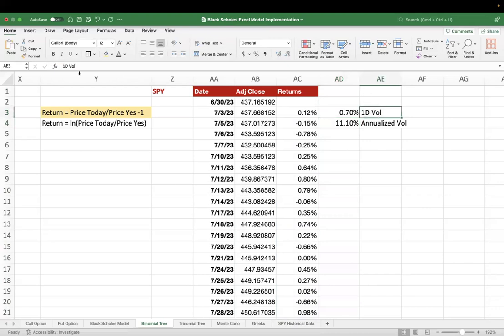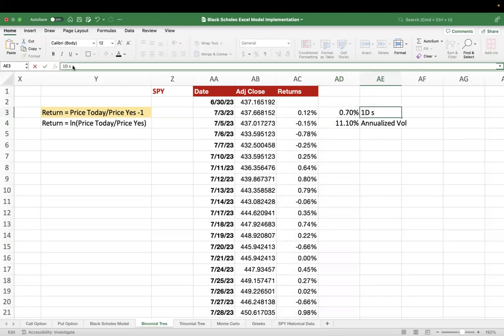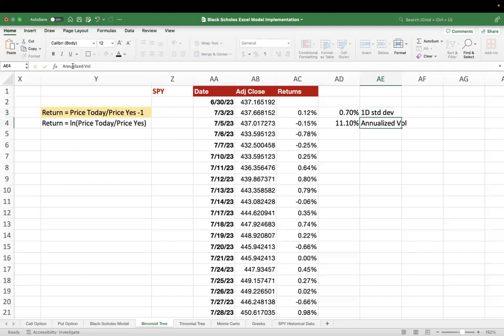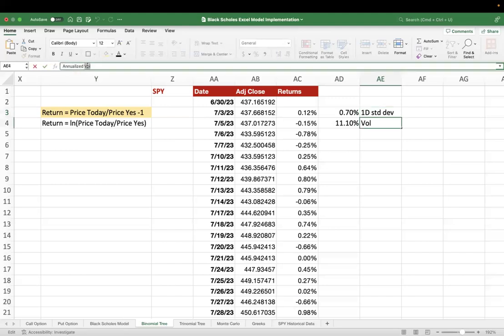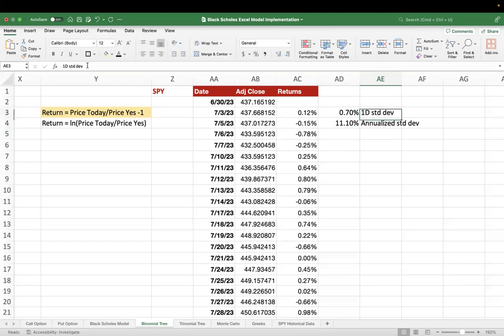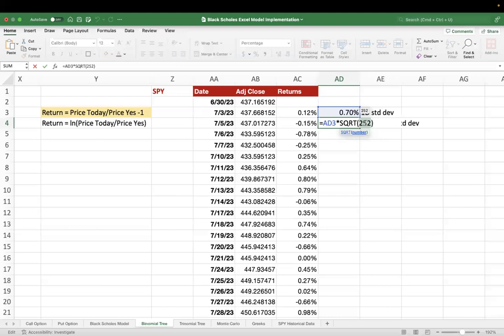Let me write this as 1 day standard deviation, and this is annualized standard deviation. To go from 1 day standard deviation to annualized standard deviation, we multiply the 1 day standard deviation with the square root of 252, because we assume that there are 252 trading days in 1 year.